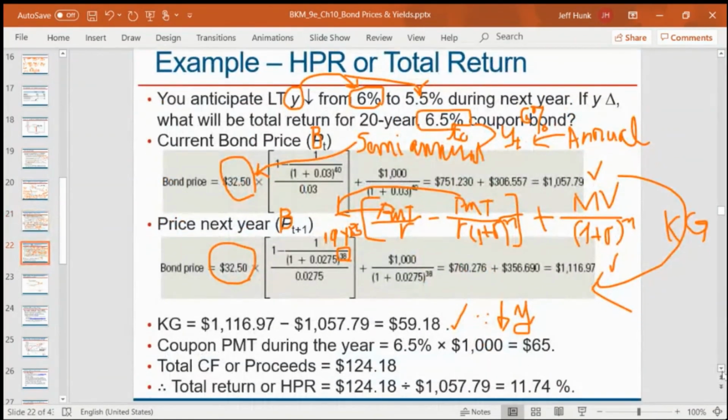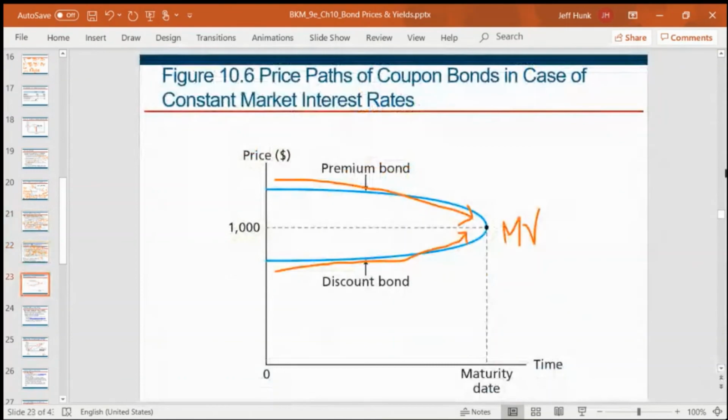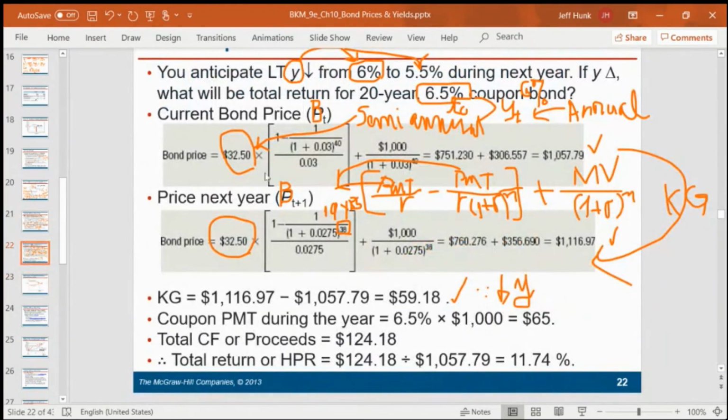And so there was a capital gain, and during this 1 year period there was a coupon payment of $65.